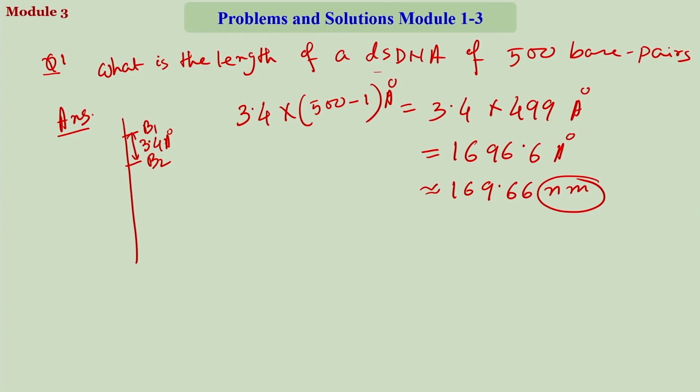We generally use the term base pairs to mean that you have one base paired to the other base. This is the usual terminology used when defining a double stranded DNA, while for a single stranded DNA we just say bases. Okay, so this is your first problem.